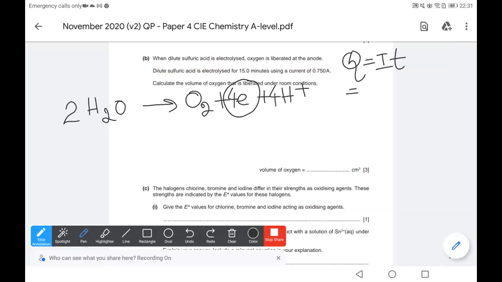Current is how much? 0.75 amperes, which means coulombs per second. Time is 15 minutes, which means 15 into 60 seconds.